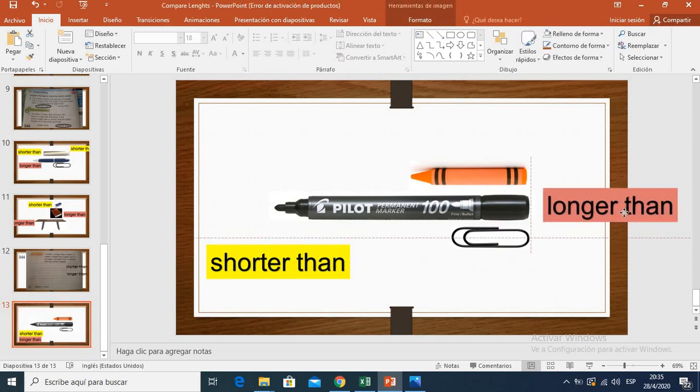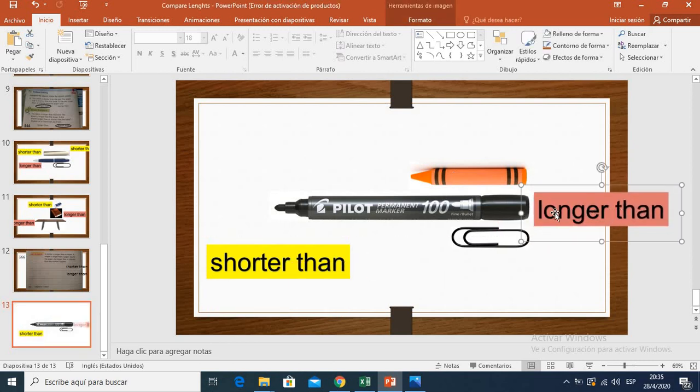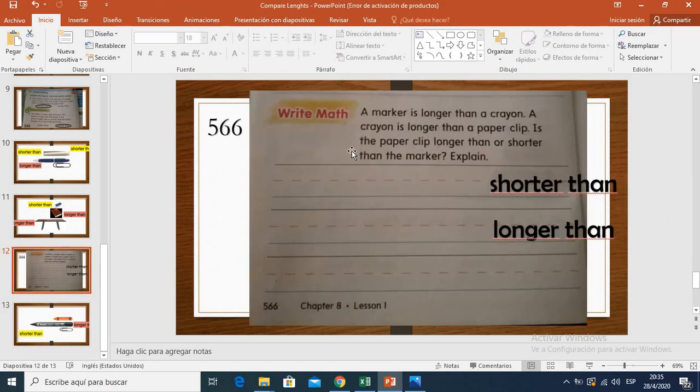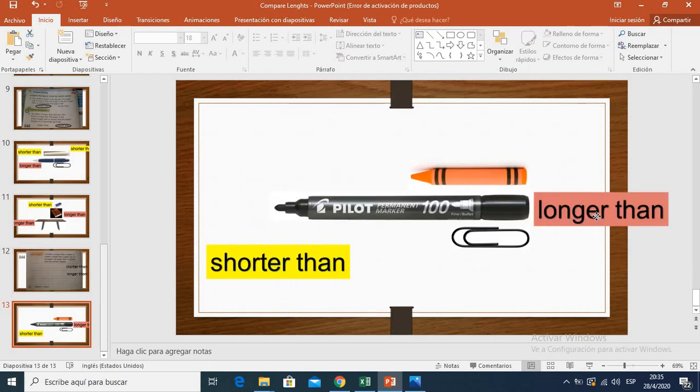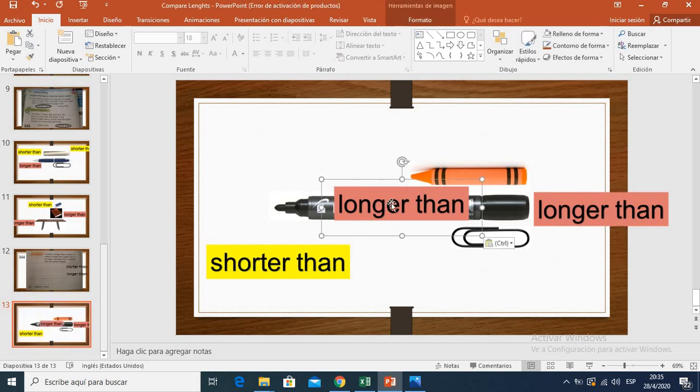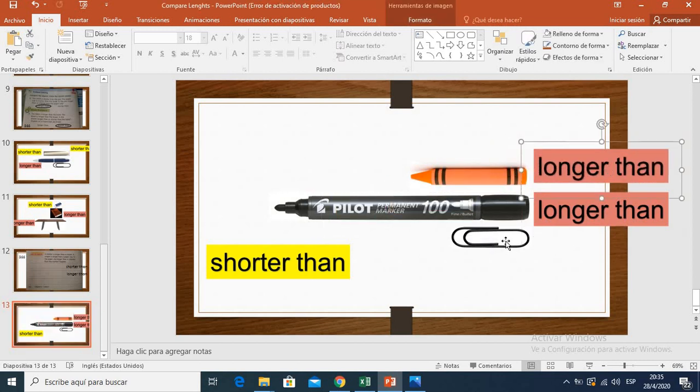I'm gonna put it here. Now it reads. A crayon is longer than a paper clip. If I compare a crayon and a paper clip, the crayon is longer than the paper clip.